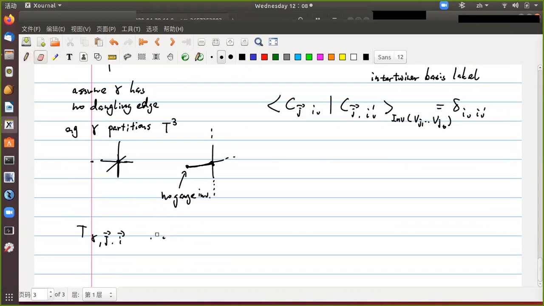They are again an orthogonal basis in H gamma, the Hilbert space of gauge invariant functions, the space of gauge invariant wave functions.